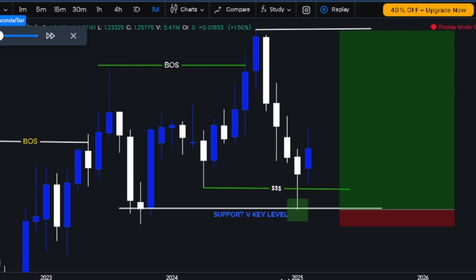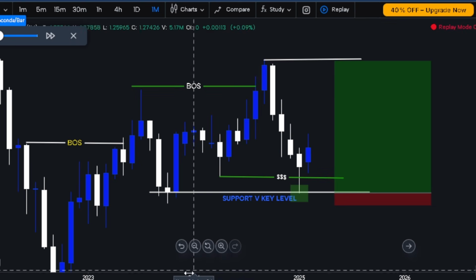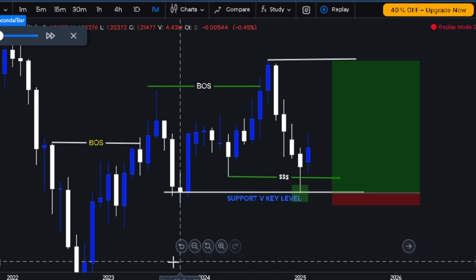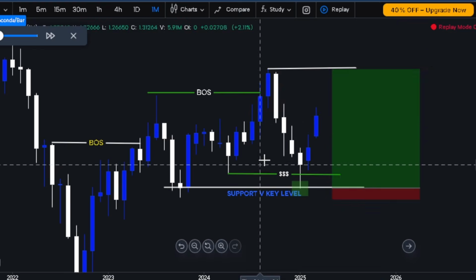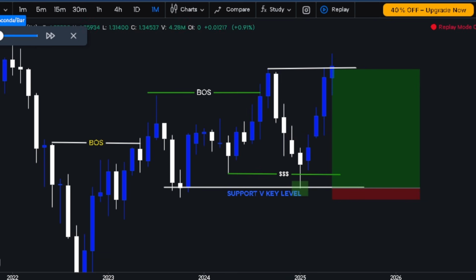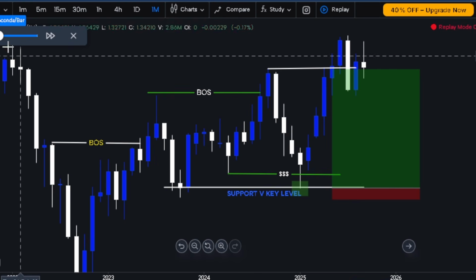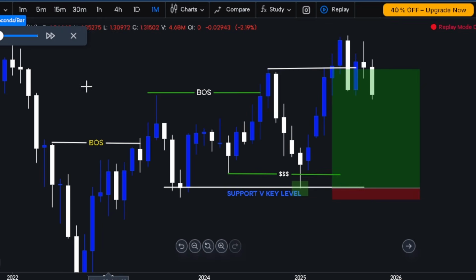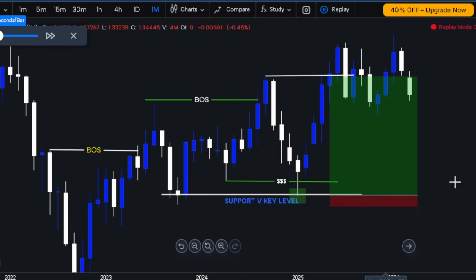That is how powerful this A.P.A strategy is once you are able to identify your right key level. So now when I continue to play price, you notice that price proceeded towards the upside and price finally got to hit that take profit. Very clean, very precise, no drawdown whatsoever.